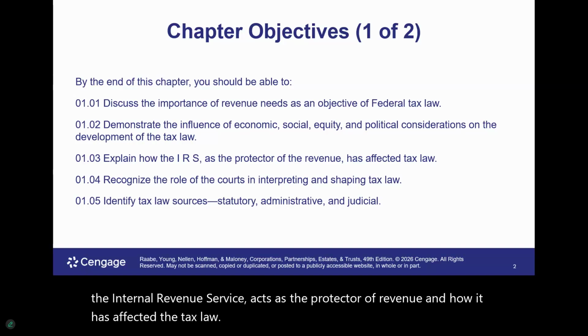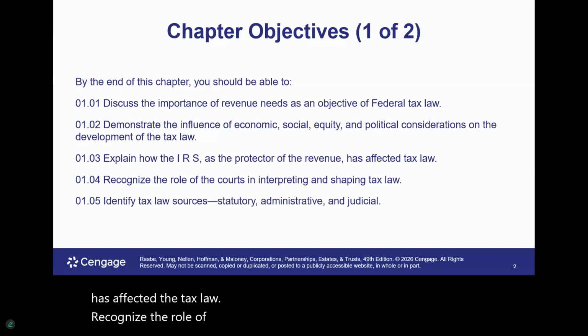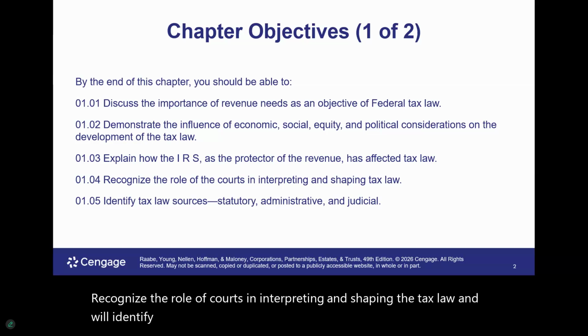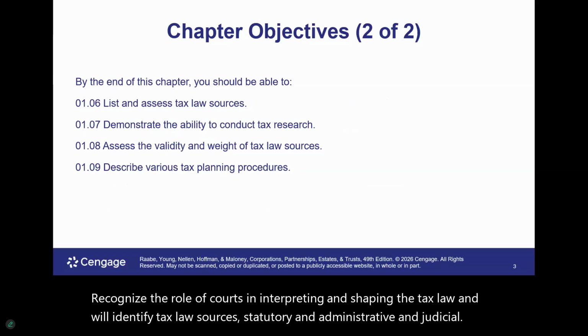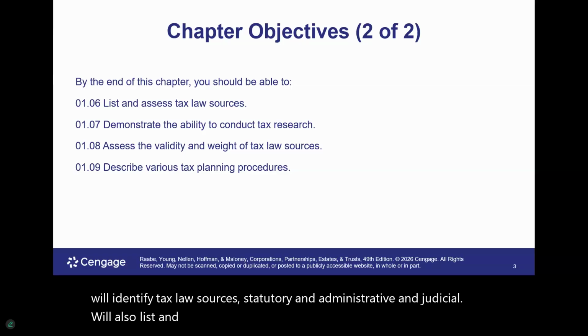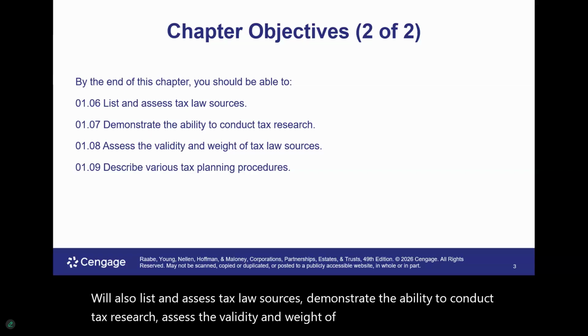We'll recognize the role of courts in interpreting and shaping the tax law, and we'll identify tax law sources: statutory, administrative, and judicial. We'll also list and assess tax law sources, demonstrate the ability to conduct tax research, assess the validity and weight of tax law sources, and describe various tax planning procedures.